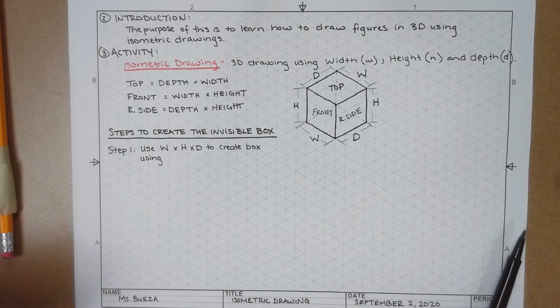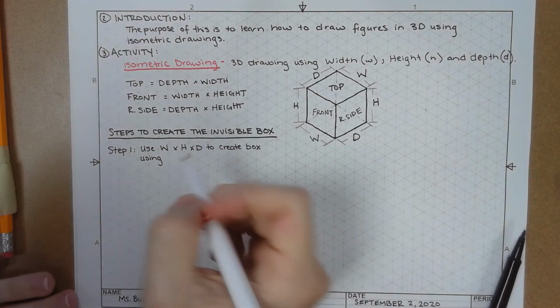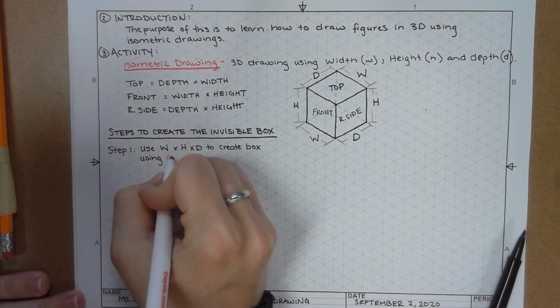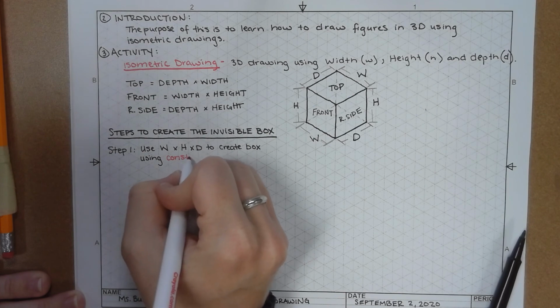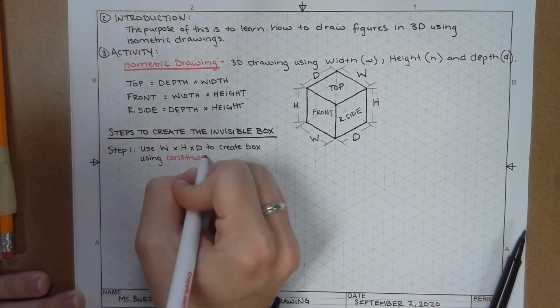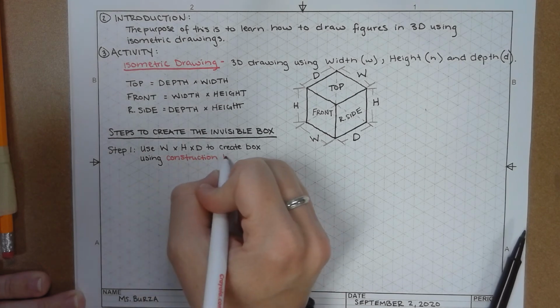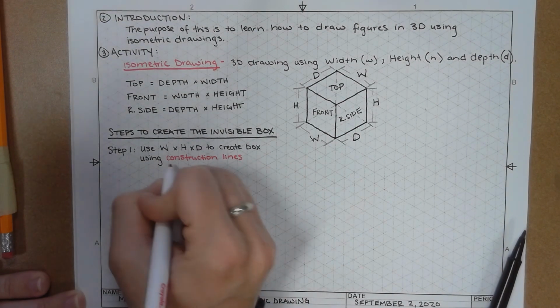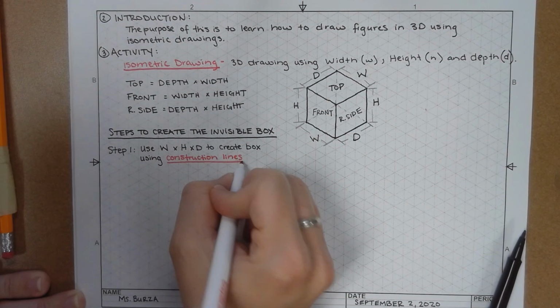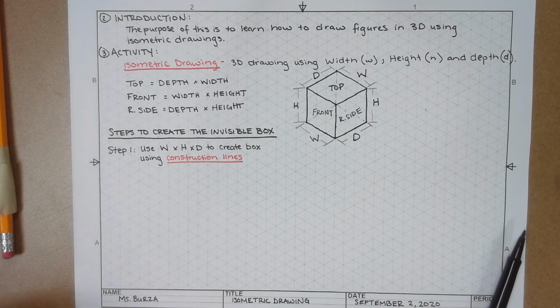And construction lines we're going to talk a little bit more about when we get to our alphabet lines here in a few days. But that is kind of a key term, so I'm going to write that in a different color. All right, using construction lines.